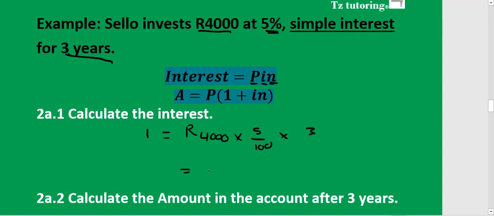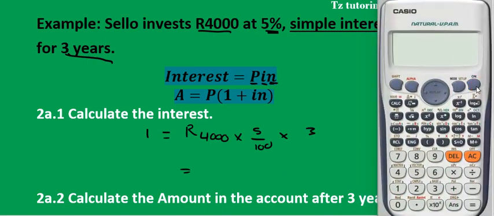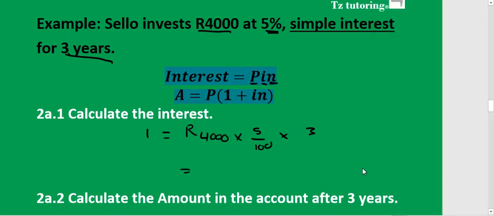And of course, if you go to your calculator to check that out, 4,000 multiplied by 5%, which is 5 over 100, multiplied by 3, which gives you 600. So the interest will be 600.